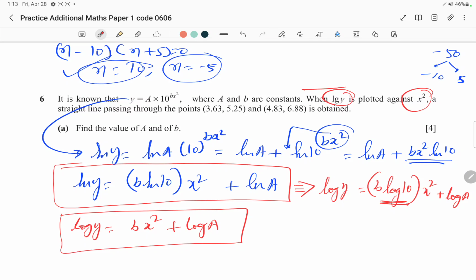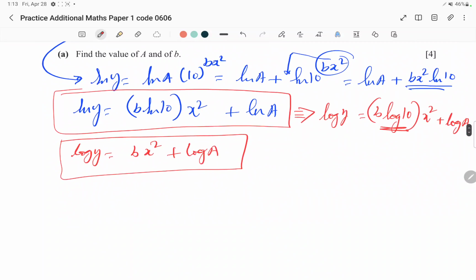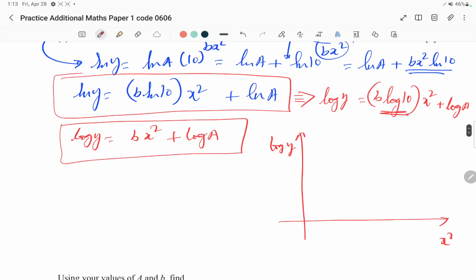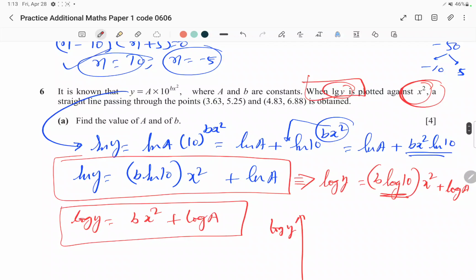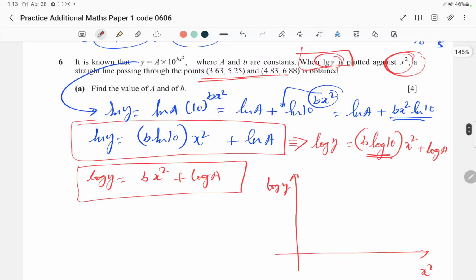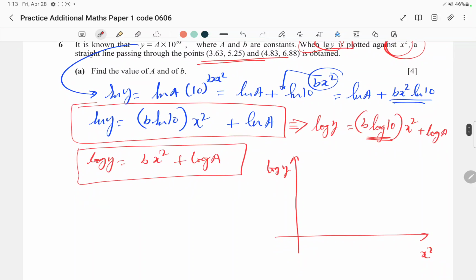And the question also says, when log y is plotted against x square. So here it should be log y and here it should be x square, right? Then the line passes through these 2 points, 3.63 and 5.25.